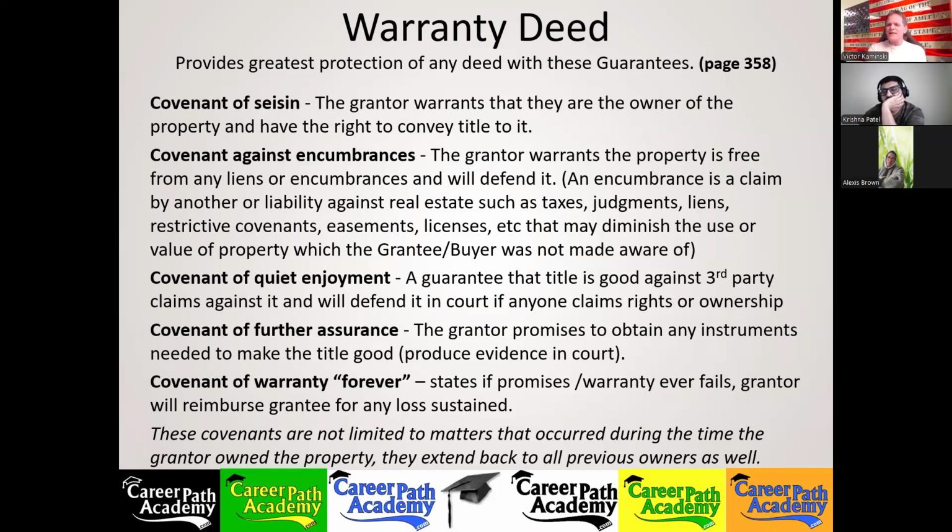How could anybody make such a warranty? That for the last couple of 100 years, there was never an improper transfer of ownership. That's a lofty promise to make, right?